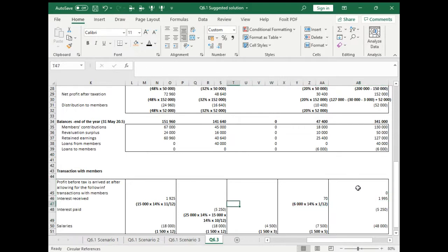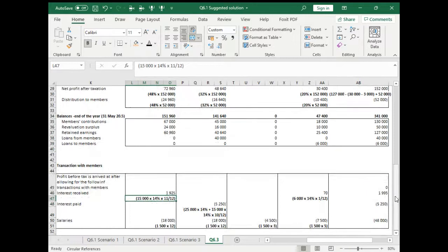Now the interest would be based on the amount that they've borrowed or lent to the CC. You multiply it with the 14% and then you apportion it for the period of the year they had it. So if they repaid it sooner, then you apportion it for that period. You will see some of it's for 11 over 12, some of it's for a month.